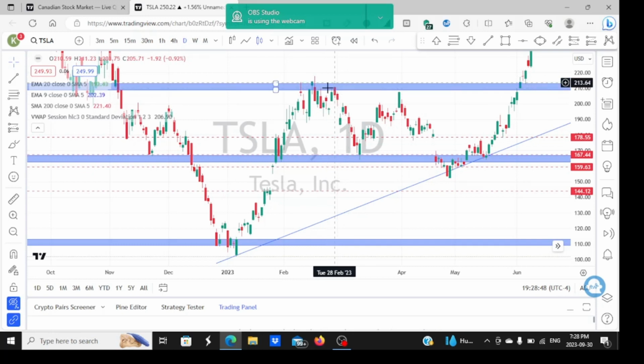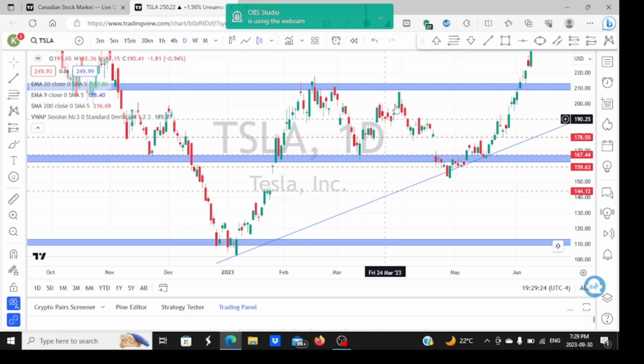Then this area is strong, so it had sellers coming all the way back to this strong resistance turn support region, which is from the gap. So gaps act as strong demand and support zones. So once it got down to this area, it barely touched the area, and then you can see a reaction right there. Then it moved back up to the same resistance zone that we had.